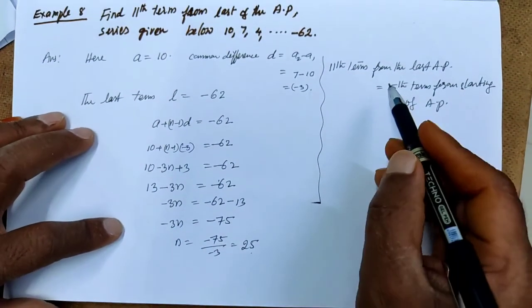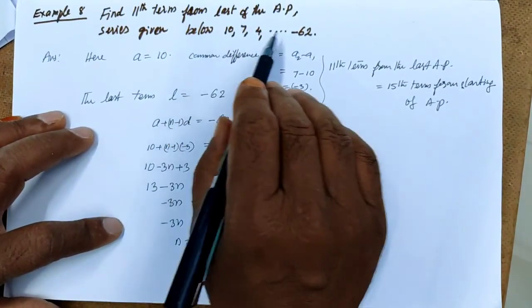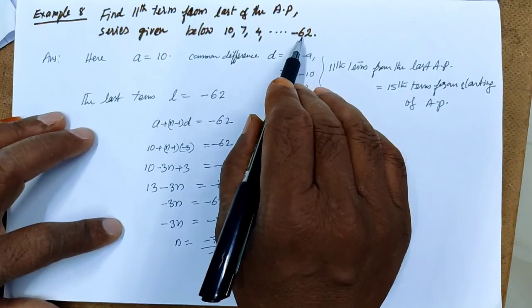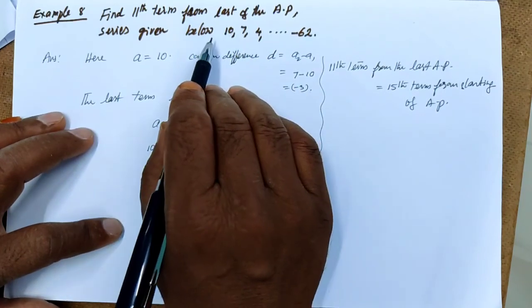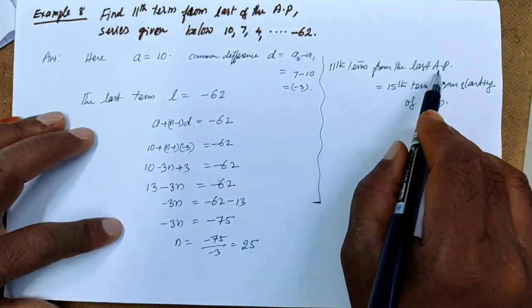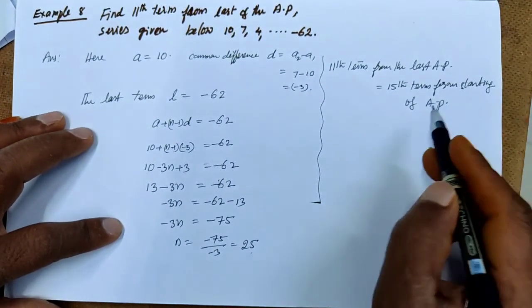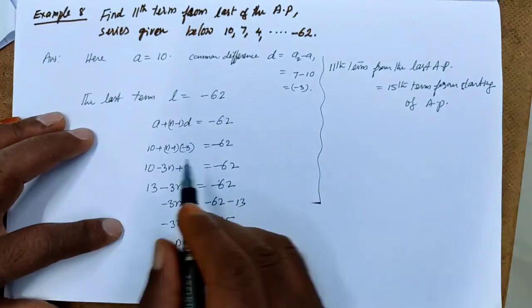Why? Because there are 25 terms in it. So the 11th term from the last is the same as the 15th term in the other direction. The 11th term from the last of the AP is the same as the 15th term from the starting of this arithmetic progression.